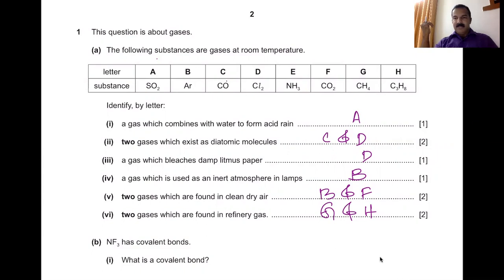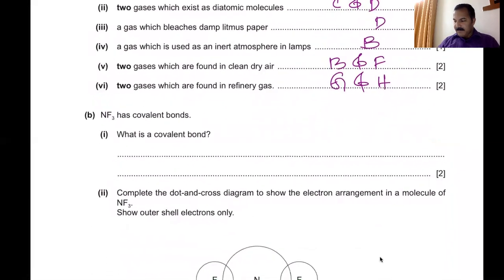So it is methane and propane. That is how you answer that question. There you get easy 2, 4, 6, 8, 9 marks. 9 minutes you have basically.